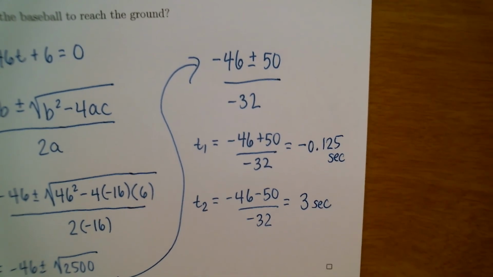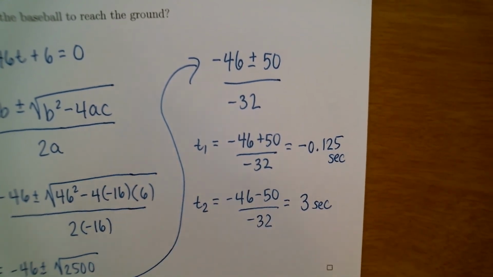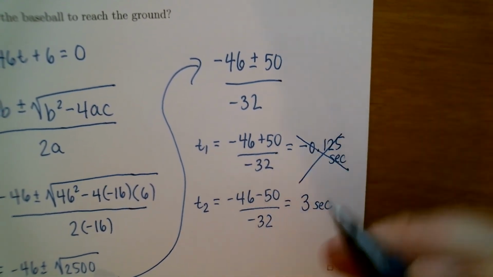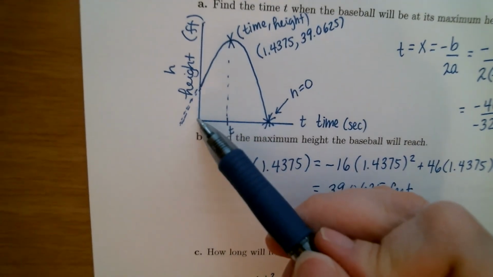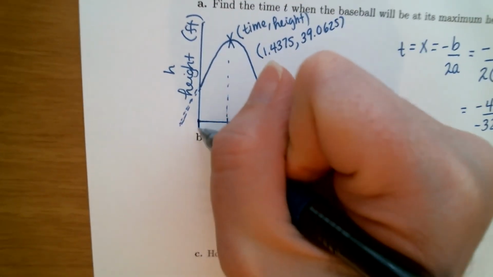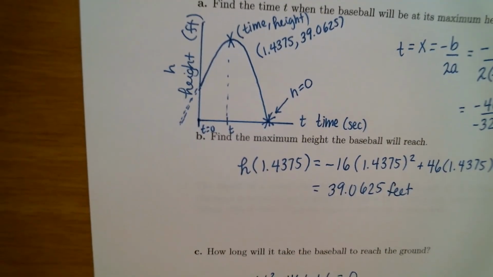If you notice, we got 2 time values and one of them is negative. That does not make sense. Negative time does not make sense, so we're going to have to exclude this one. Going back to the picture, remember this is where time equals 0. This is where the bat hit the ball.